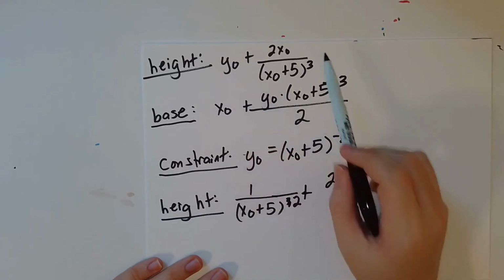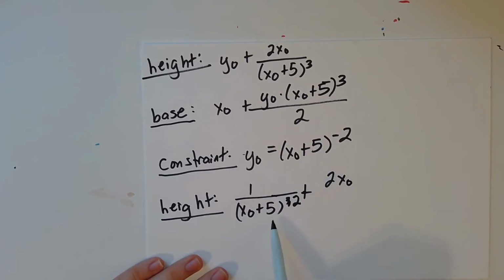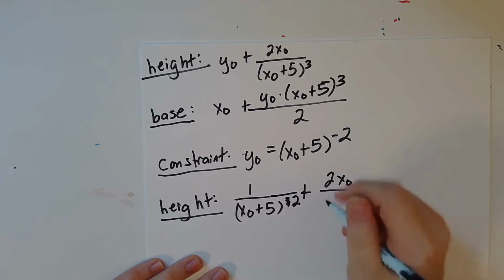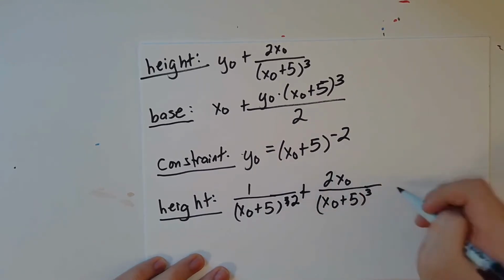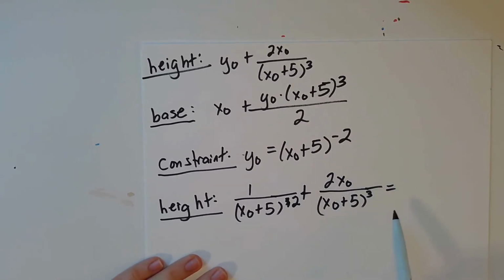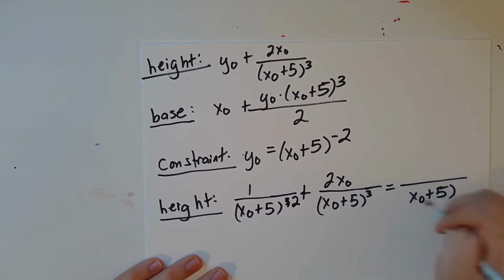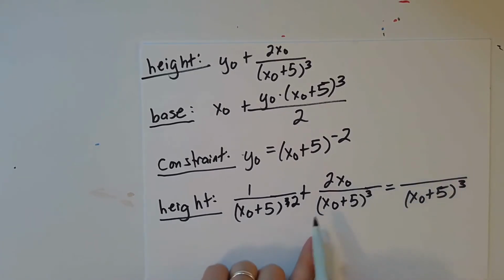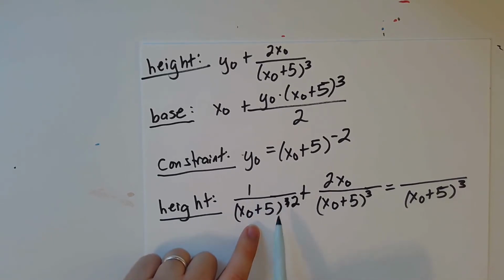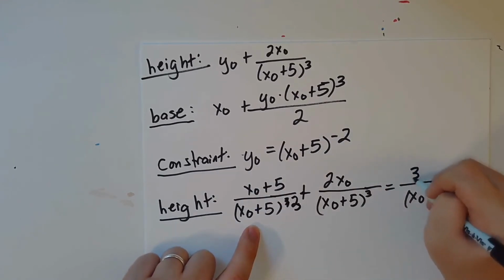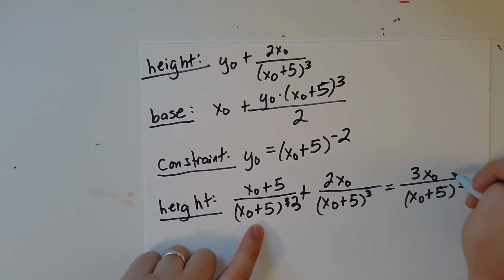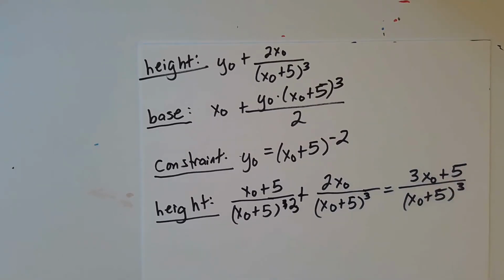The height is 1 over (x naught plus 5) squared plus 2x naught over (x naught plus 5) cubed, and I can put this over one denominator of (x naught plus 5) cubed, which means I have to multiply the first term by (x naught plus 5) over (x naught plus 5), which means the numerator here is 3x naught plus 5. And that's much nicer for our height.